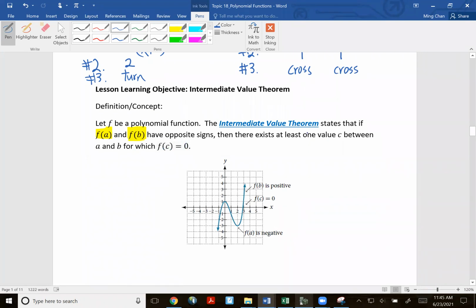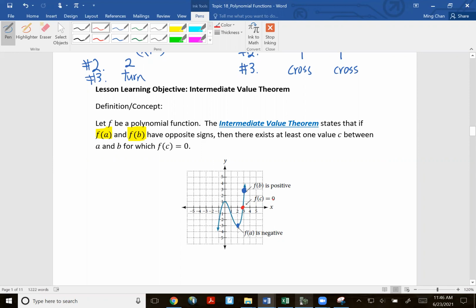So what that means is c is the 0 of the function. If I pick this x value, call it a, and just pick any one right here, that x value, call it b. If their y values have opposite signs, one positive and one negative, then there's got to be an x value called c in between those two x values, where if I substitute that number c back into the function, it will always come out to be 0.